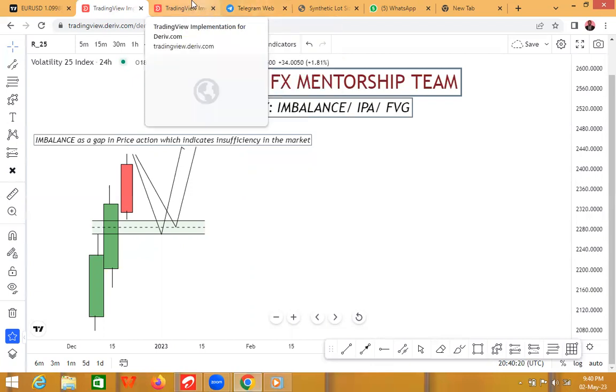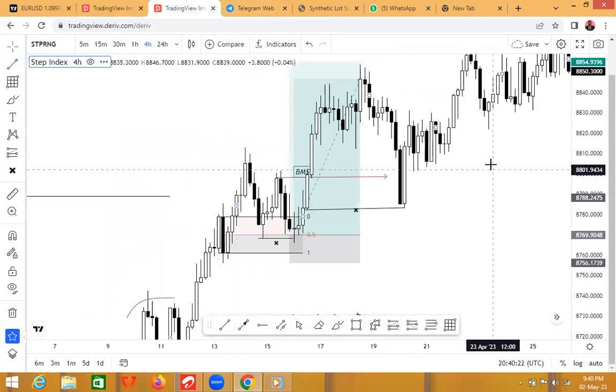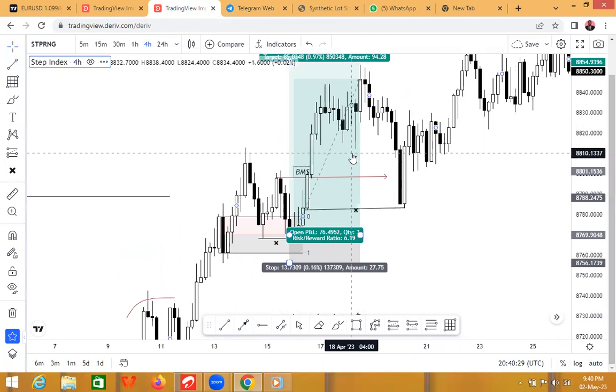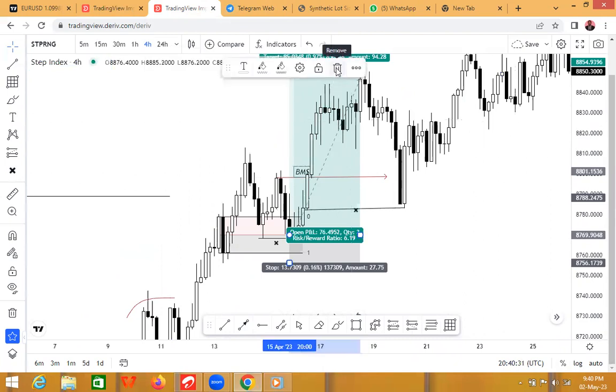So let's go back to the index that we're analyzing. Let me start from where we are currently. I'll remove this so that it will be clear.